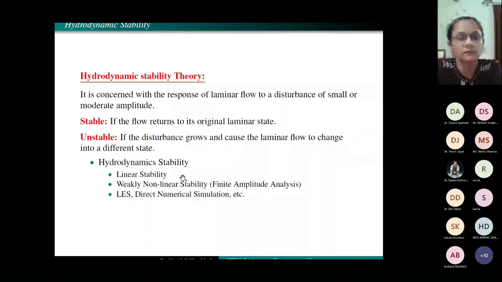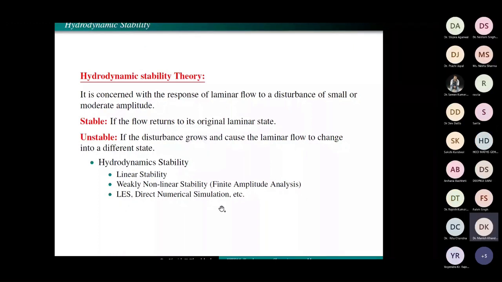In the linear stability analysis, we remove the nonlinear terms under certain conditions. Then we again consider some interactions, and those interactions come under the category of weakly nonlinear stability analysis or finite amplitude analysis. And the last one is more complicated: LES, large eddy simulations, and direct numerical simulations.